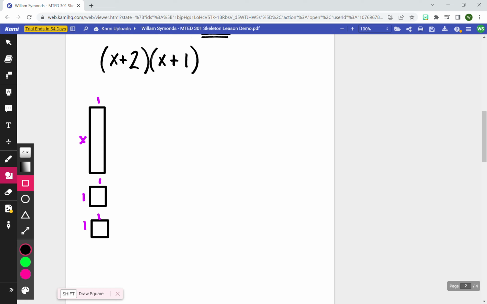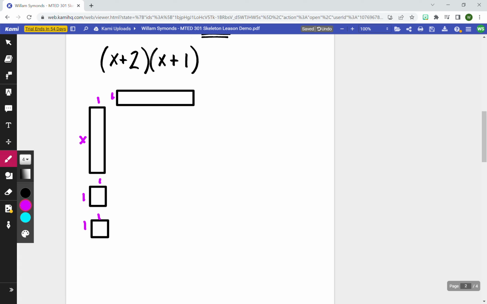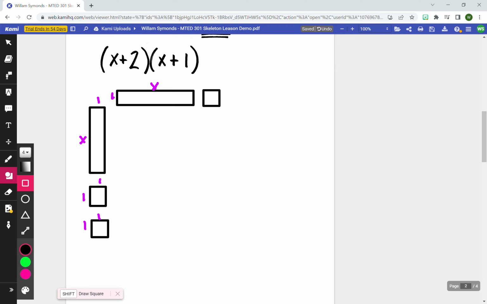So I have one rectangle, which will be used for x, and again that would be 1 by x. And then I can do the same for plus 1, where I can use a square to describe the 1 that we have, because again we have a 1 by 1 square.